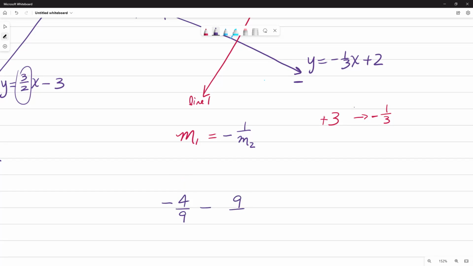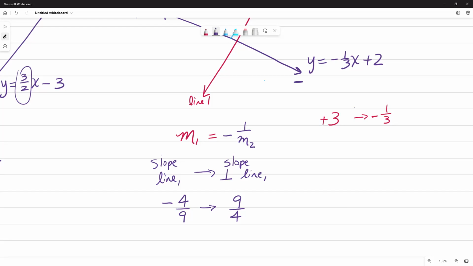Positive 9/4. So if this is the slope of line 1, then what is the slope perpendicular to the line? It's the opposite reciprocal.